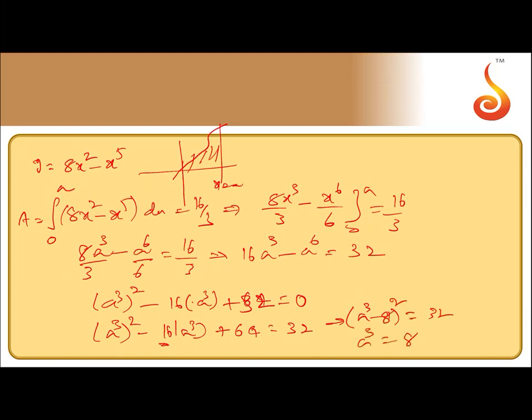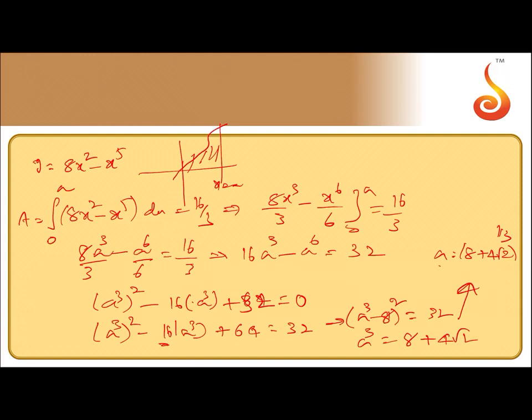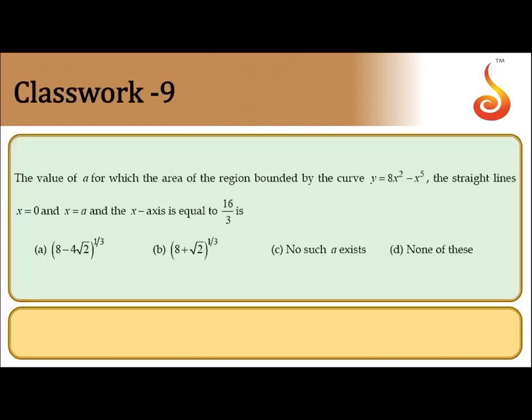Therefore a cube equals 8 plus 4 root 2, and therefore a must be equal to 8 plus 4 root 2 to the power of 1 by 3. Because of the square root, it may be plus or minus, so one of the values you can take is 8 minus 4 root 2 also. Therefore 8 minus 4 root 2 power 1 by 3 exists. So the answer is A.